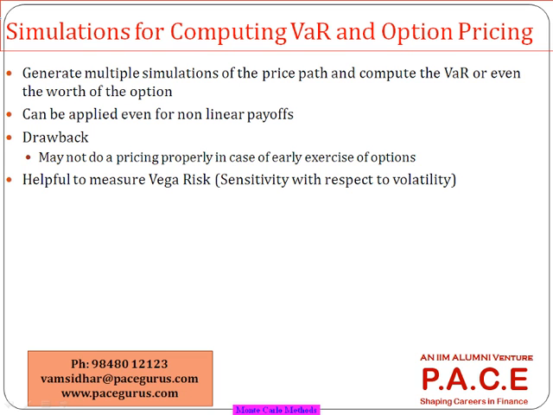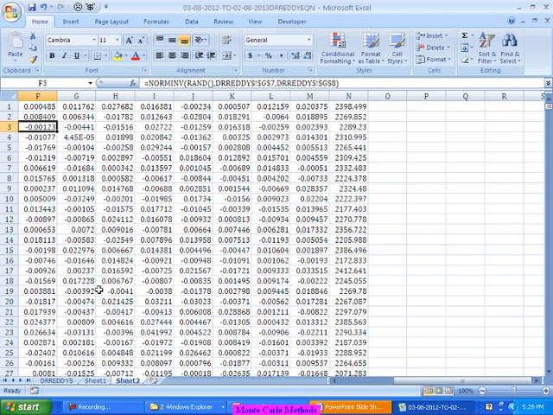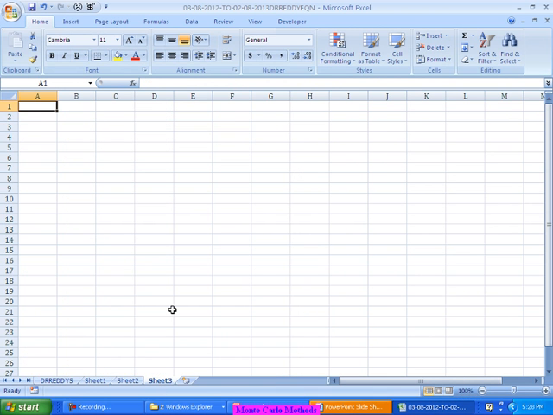Right? Simply speaking, let's say I want to generate the heights of people. I'll use the inverse transform method. Let's say I know the average height is 165 centimeters, and let's say the standard deviation in the heights is 15 centimeters. Just with these two, and I know that it is a normal distribution.